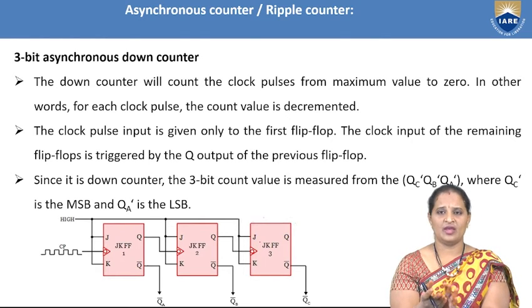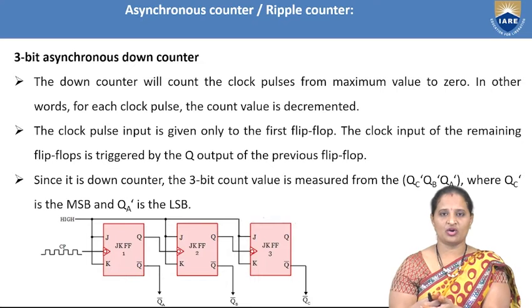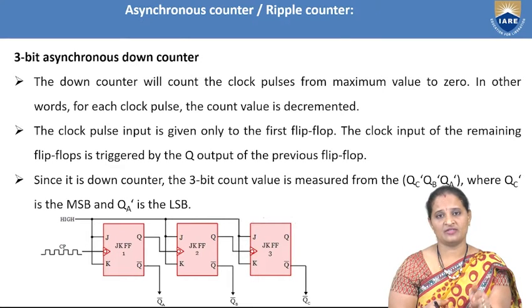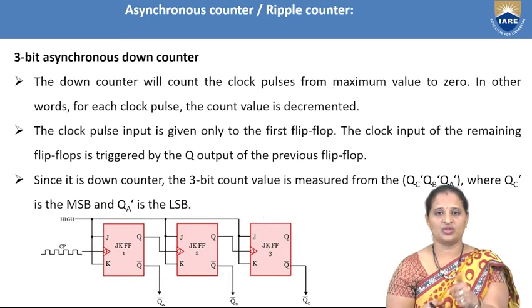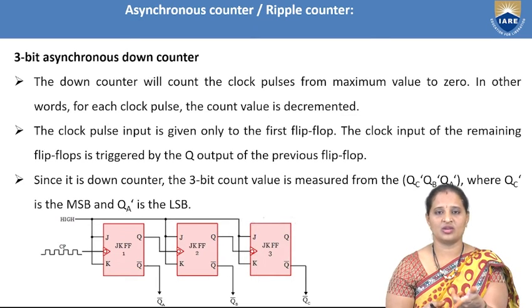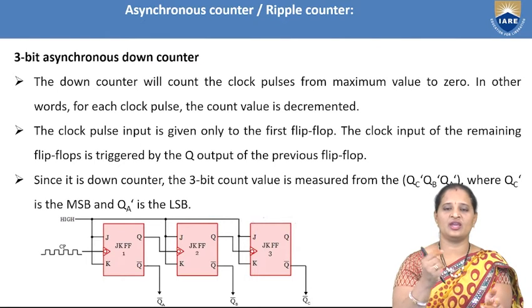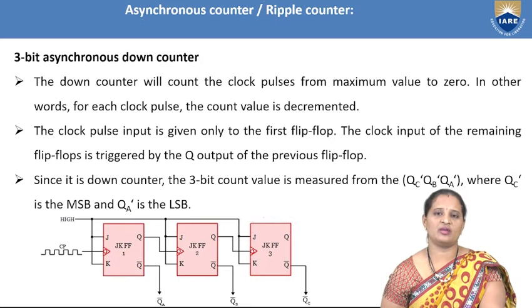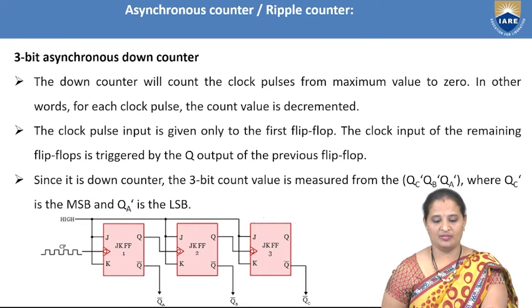So either you can take the complemented outputs as output, or you can connect Q bar as clock input to the next flip-flop and take Q as the output. Either way you can implement any asynchronous down counter.